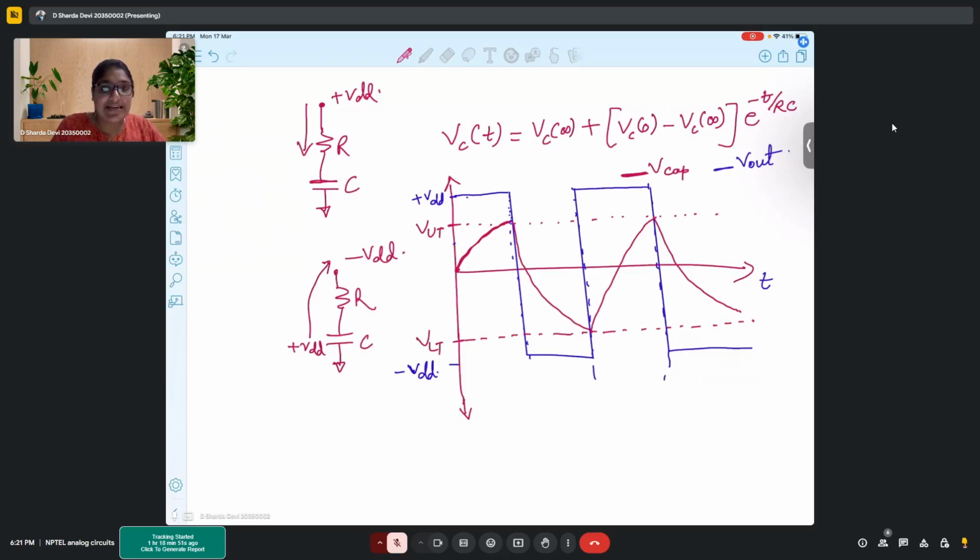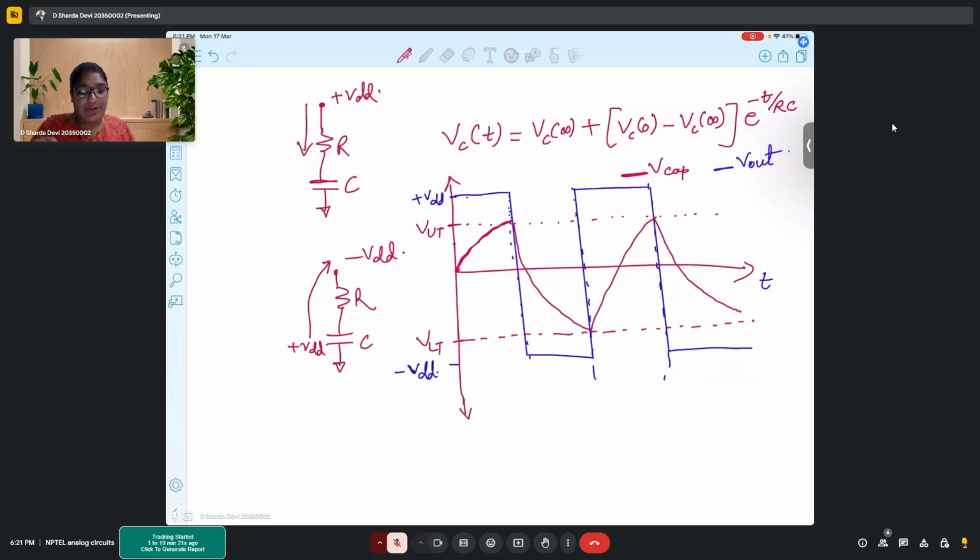But the second parameter is the frequency. If you are getting a square wave, whether you want a square wave of 5 kilohertz or 5 megahertz, 5 gigahertz, 5 terahertz, it depends on certain factors, right? So let us quickly understand and analyze what are those factors which can help us gain the time period that is desired.